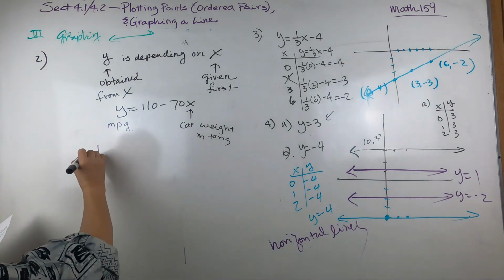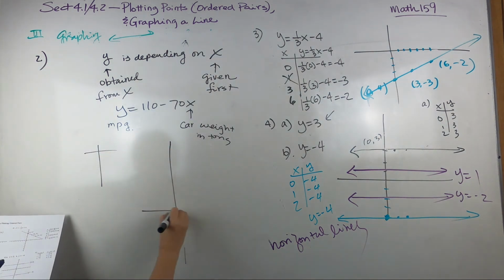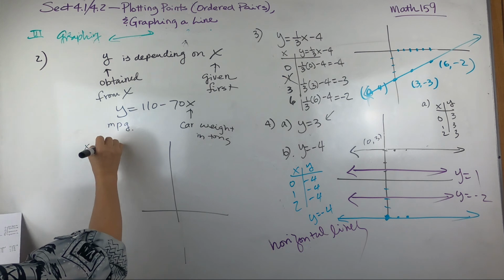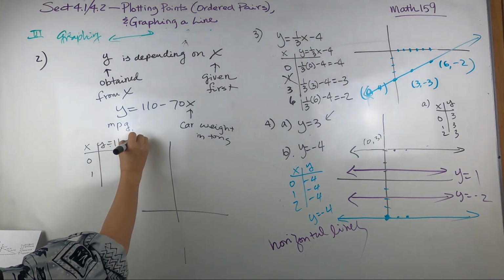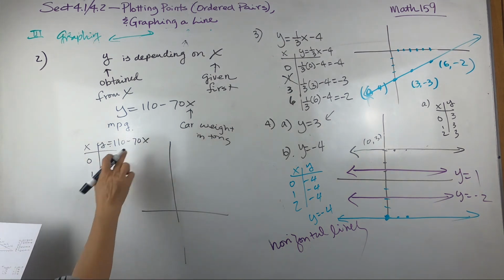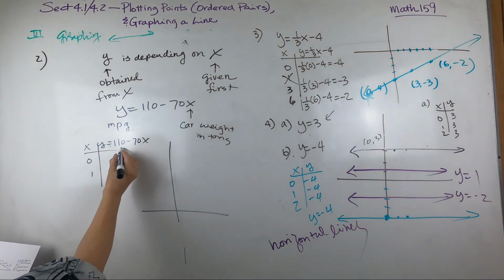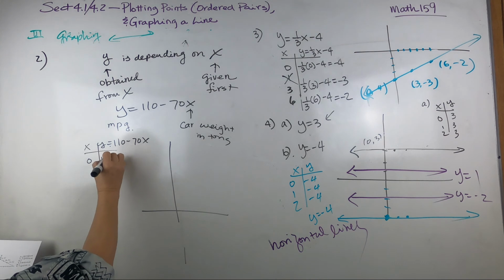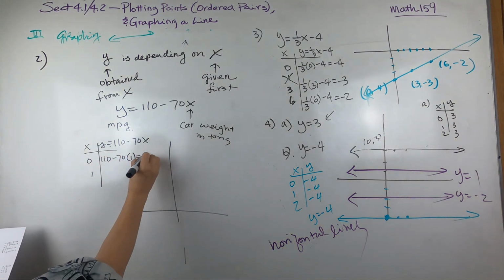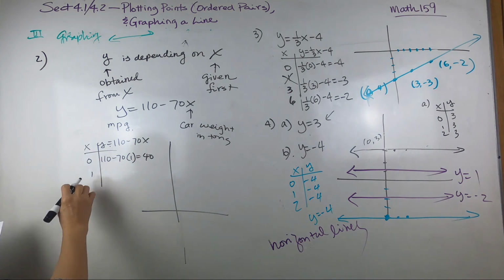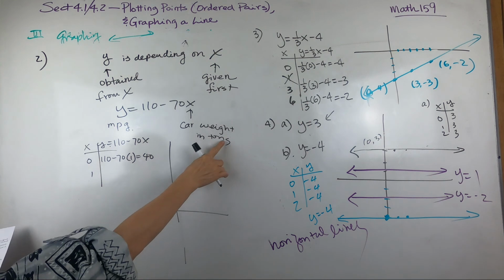So what do you think? You use what? Your t-table, right? X and y. So we just use 0 and 1. Say 110 minus 70x. X is 0, you plug in. So 110 minus 70 times 1, that would be 40, right? Then x is 1 ton, by tons.